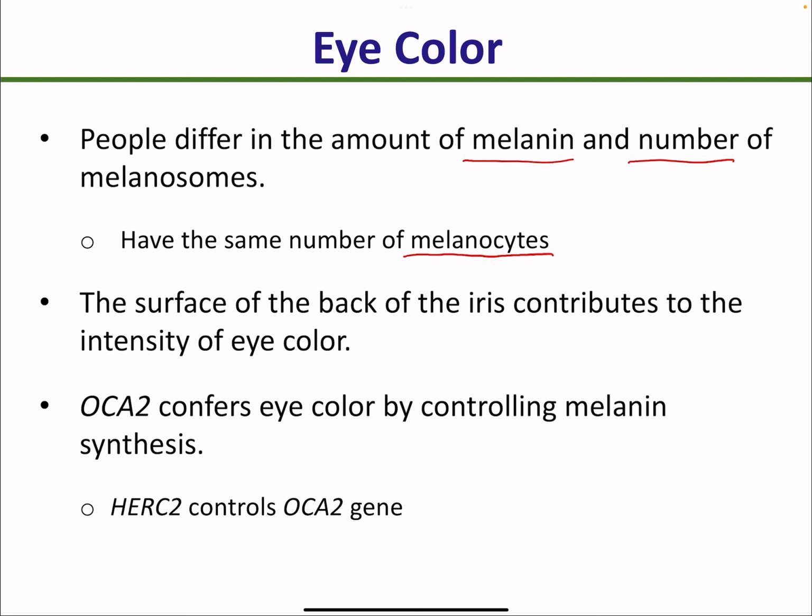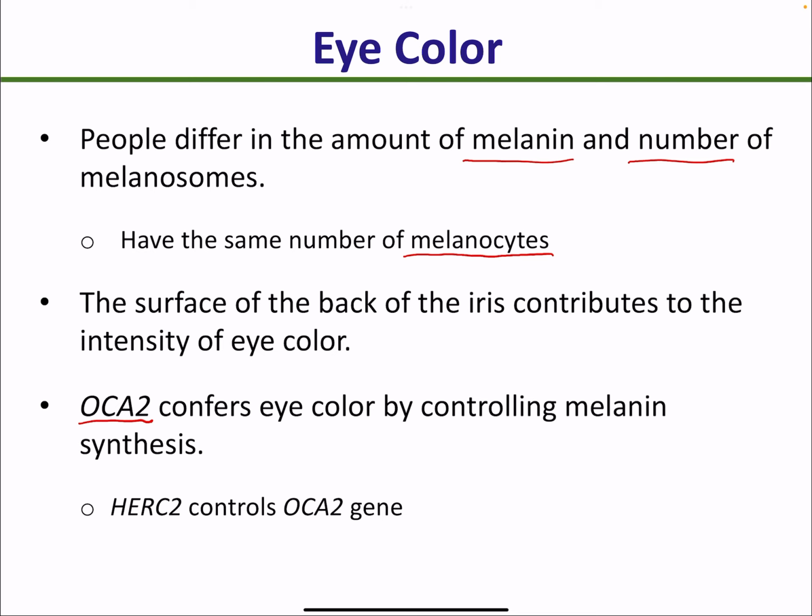However, when we look at a genetic level, we see that there are really two genes that are very instrumental in the color of the eyes. One gene is called OCA2. The OCA2, when expressed, is going to cause the production of melanin, right, which is going to cause the eyes to be dark.